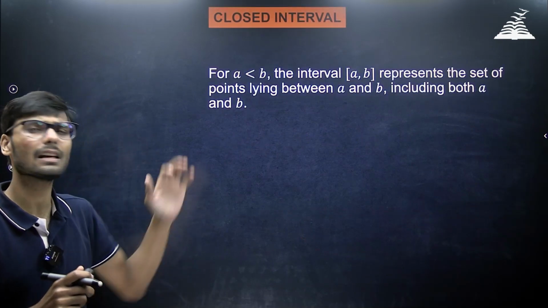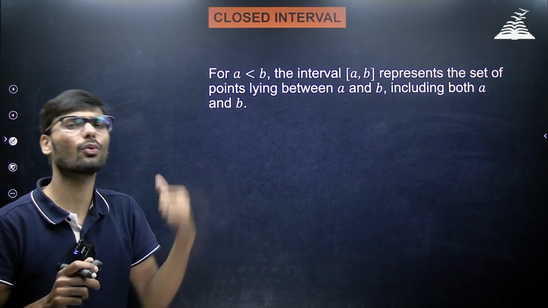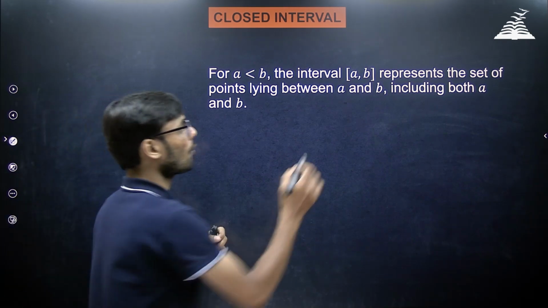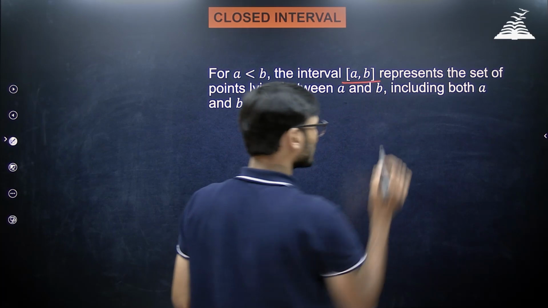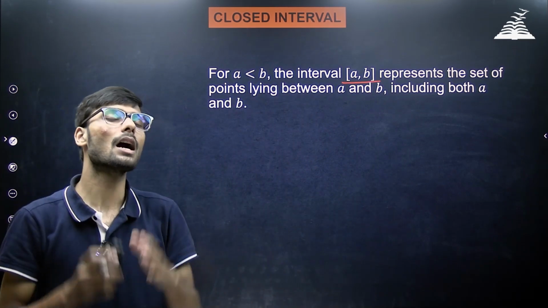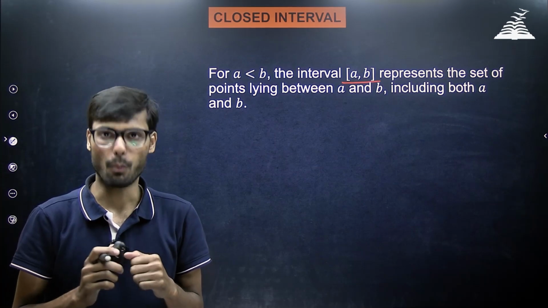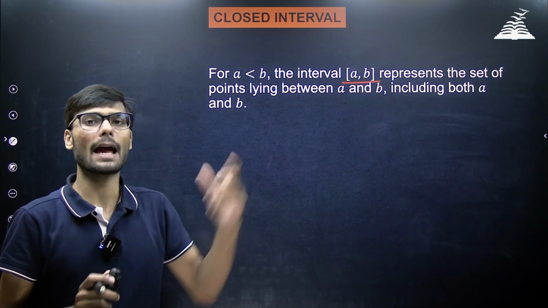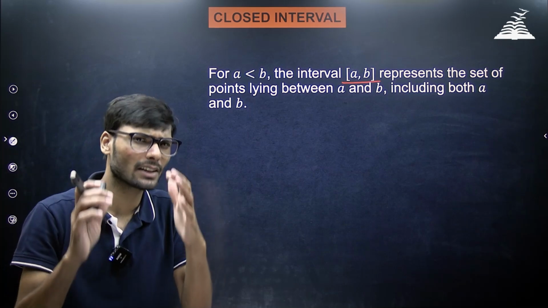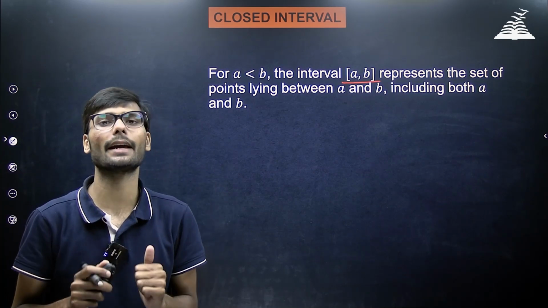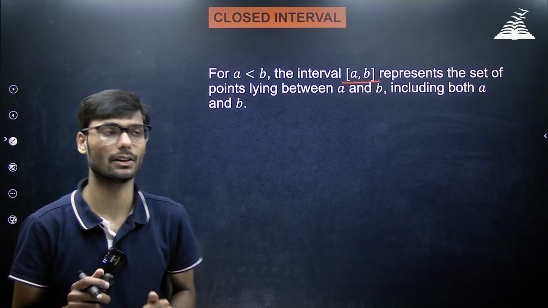What are closed intervals? Basically we include both A and B as well in our interval. So this is how we are going to represent a closed interval. [A, B], square brackets around A and B both, right? And this represents the numbers that lie between A and B, including both A as well as B, right?